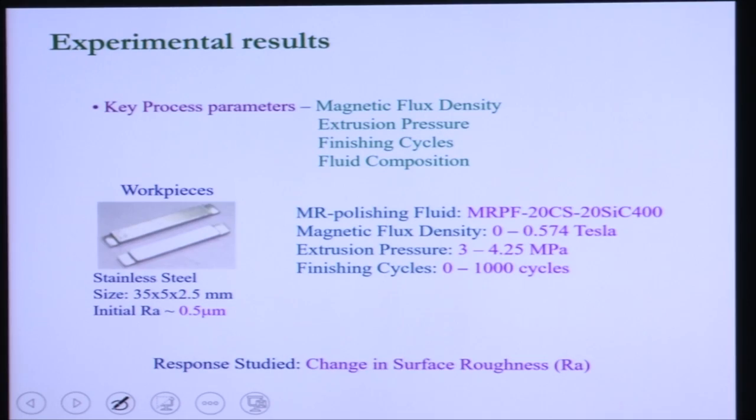With this we are going to start the parametric analysis in the case of the MRF process. These are the different parameters already discussed in the last class. We have considered this kind of flat workpiece. The length of the workpiece is 35 millimeter, the width is 5 millimeter, and the thickness is 2.5 millimeter.